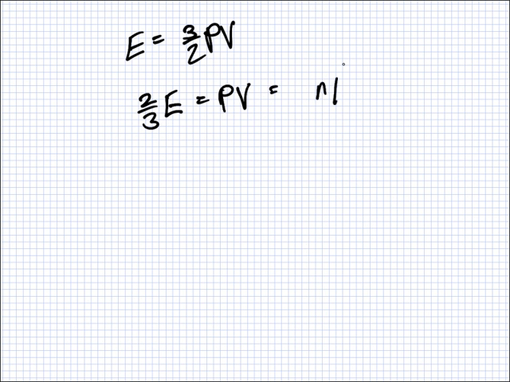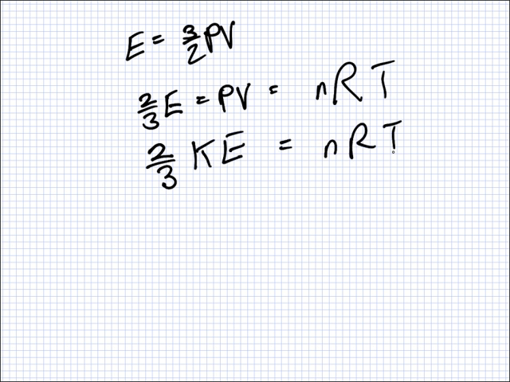PV equals nRT. Better? Okay, so this is 2 over 3 KE equals nRT. Oh, I know the R is 8.31. Yeah, okay, fine. So that means KE equals 3 over 2 nRT.